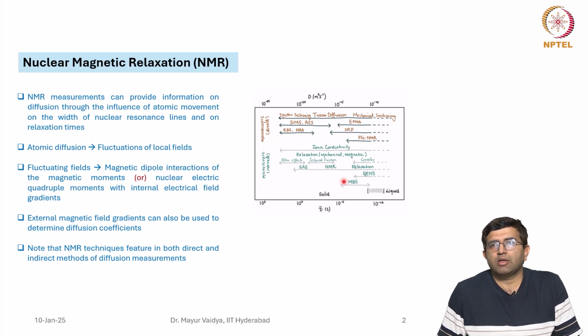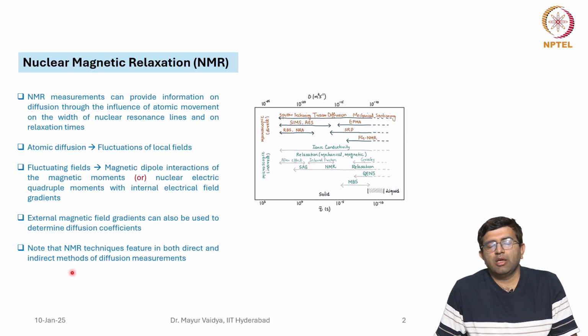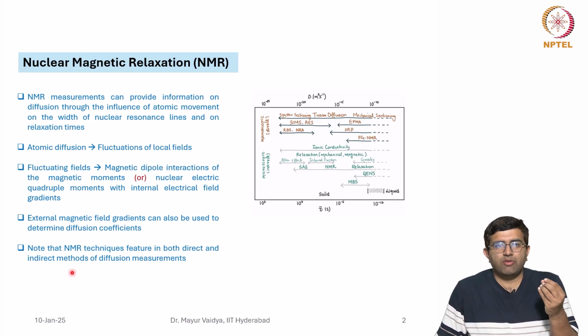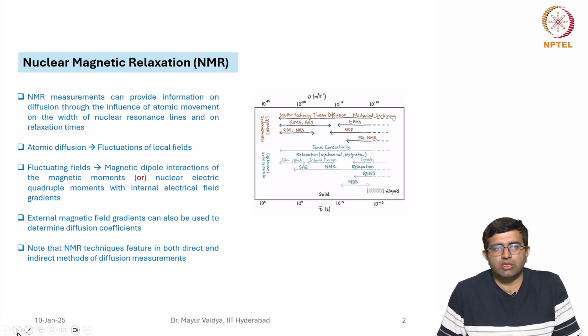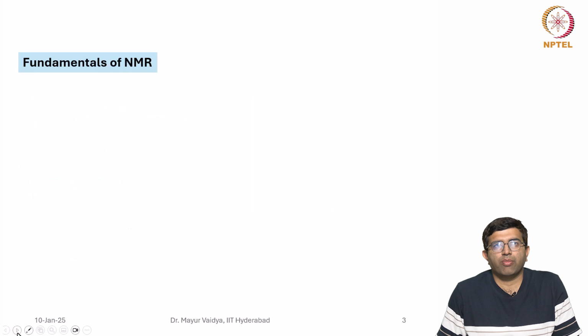Then you have NMR based methods like QENS and MBS, which fall under the indirect measurement techniques. So that way these methods are very useful to determine the diffusion coefficients.